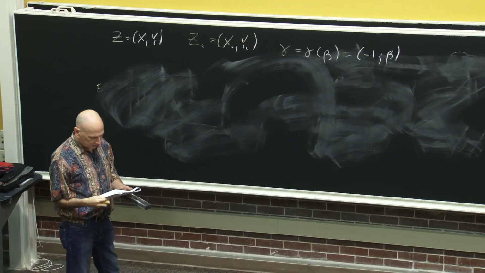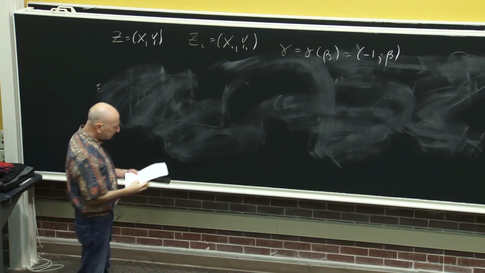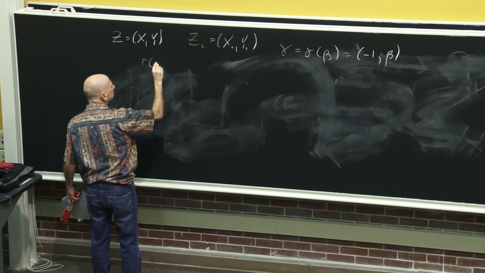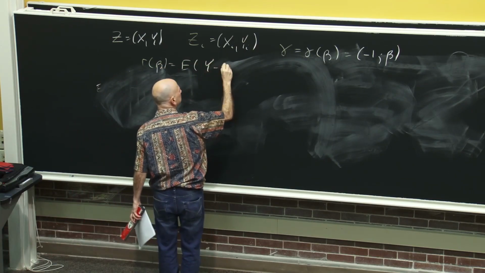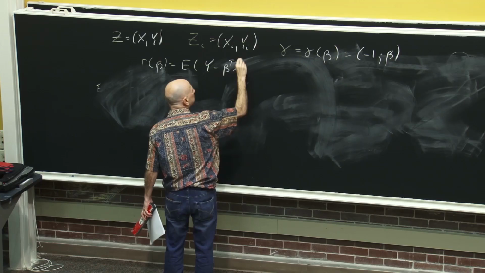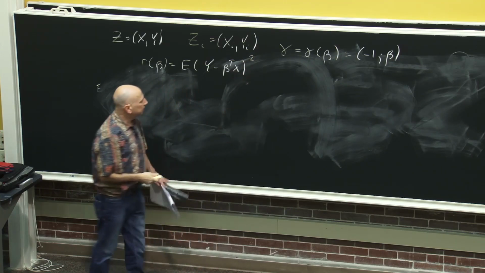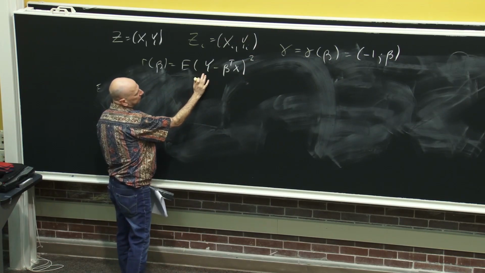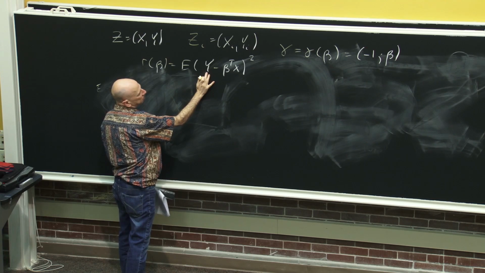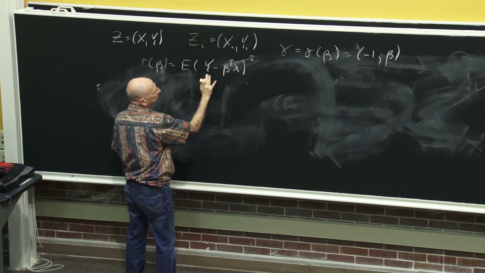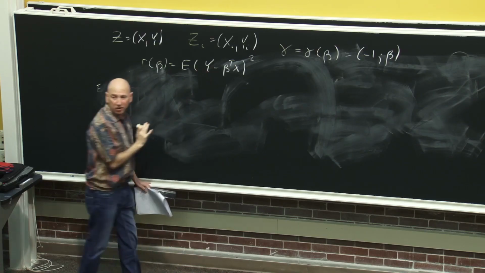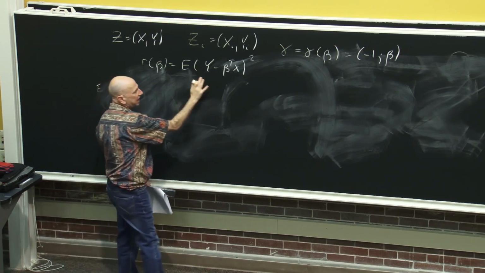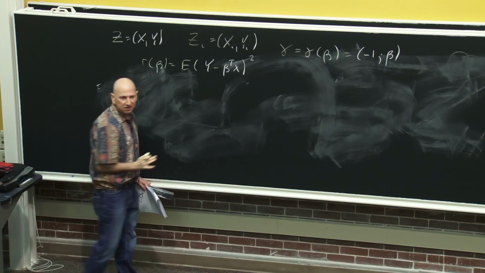And the reason for doing this is if you look at this predictive risk, well, really, this is the first component, or the last component of z. This is the rest of z. This is beta, and now there's a gamma here, a 1. So this is really just gamma transpose z squared.